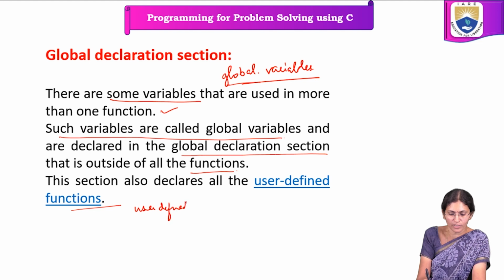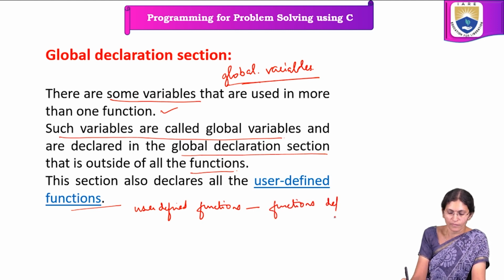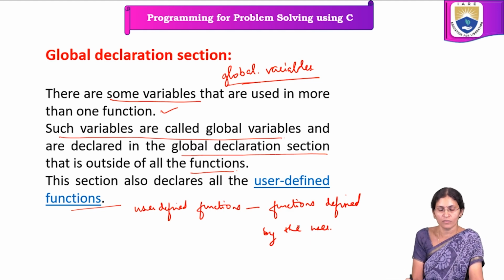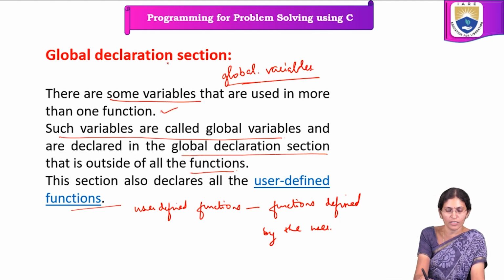User defined functions are the functions which are defined by the user to perform a specific task. So in the global declaration section itself, we declare the user defined function also. We'll see this with the help of an example.